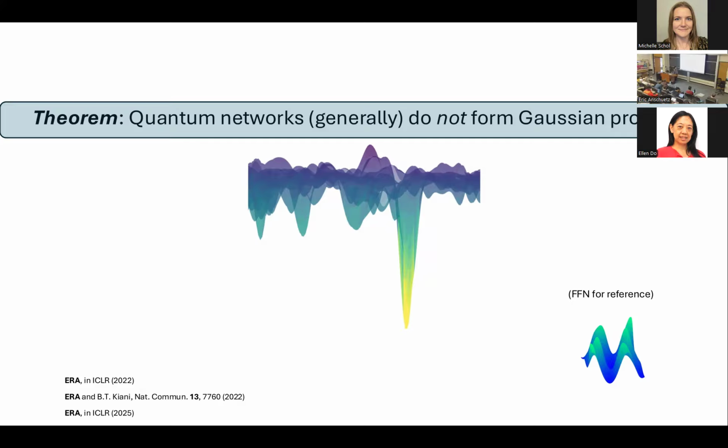So just for reference, this is what the traditional feed-forward neural network looks like. And I don't have time to get to the proof, unfortunately, but this proof of the loss landscape comes from ideas in statistical physics. So feel free to ask me after if you're interested. But at any rate, it turns out this is true generically.